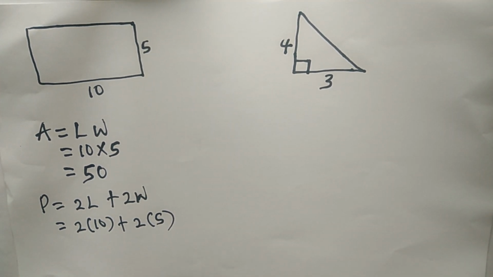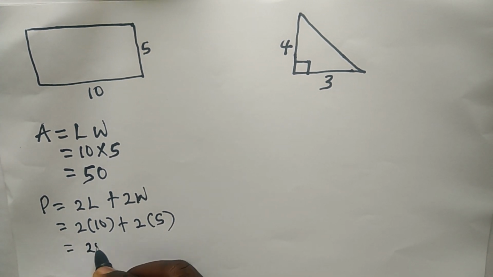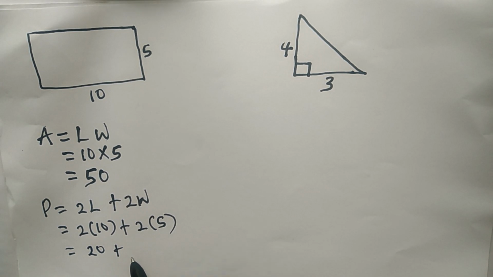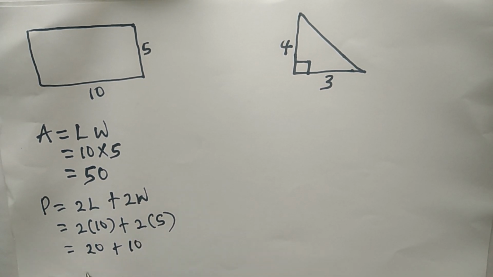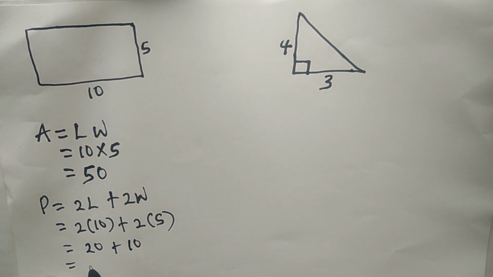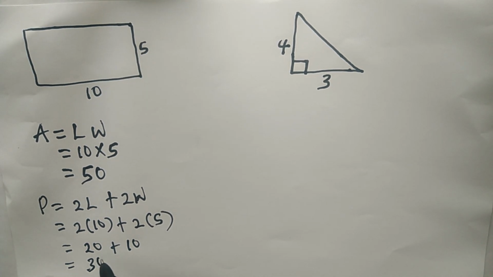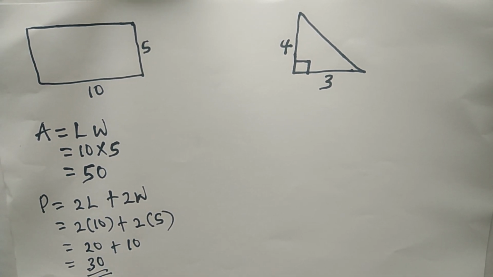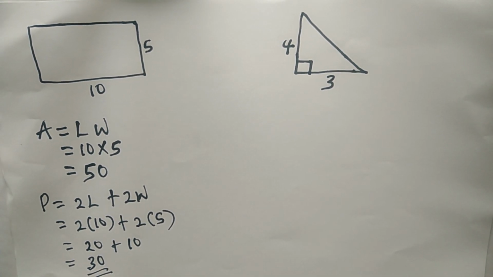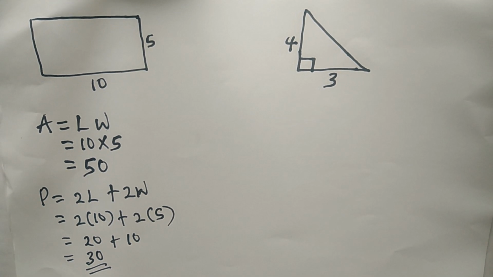Next, 2 times 10 is 20, plus 2 times 5 is 10. Therefore, our final answer will be 30. 20 plus 10. So this is the perimeter of this rectangle. It is 30 units long.